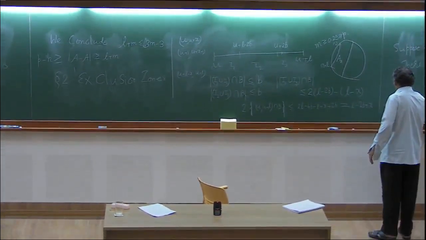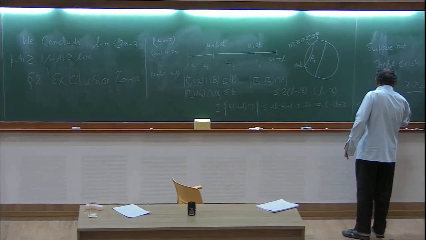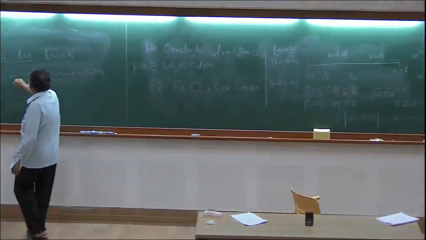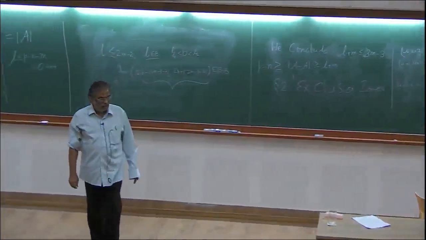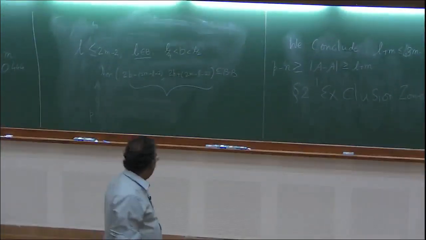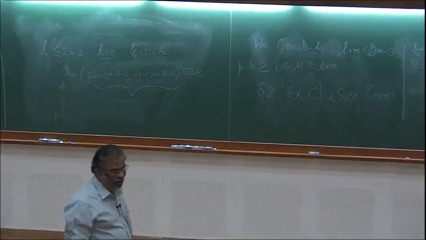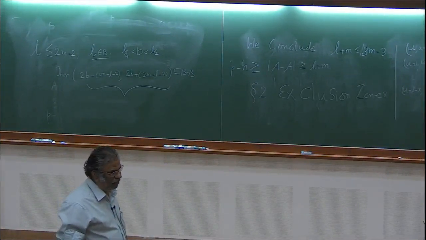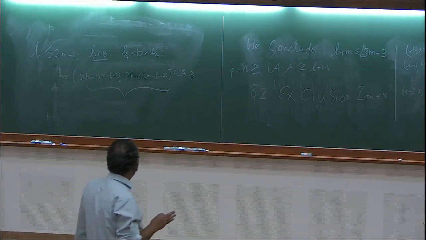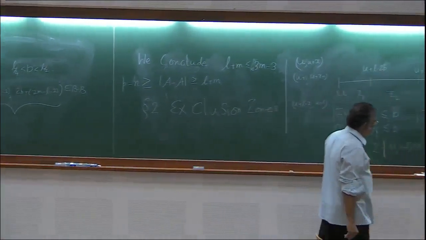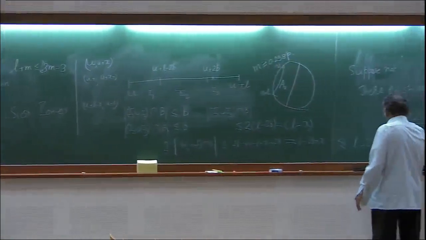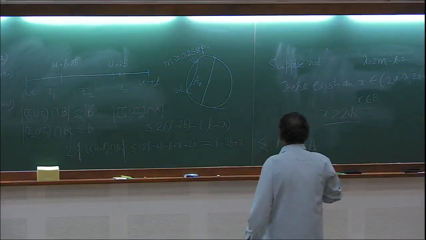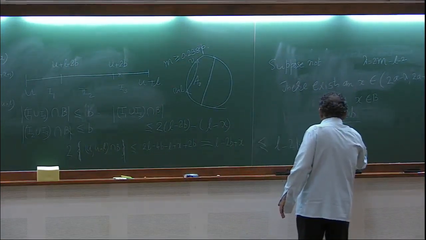This is less than L minus 2b plus x, may be bigger than 2b, but on the other hand, this is the only interval in which I am interested. Good? And therefore, x may be bigger than 2b, but x is less than 2b plus 2m minus L minus 2. These are the only elements which I want to avoid. Therefore, x is bigger than 2b, but less than 2m minus L minus 2. No, 2m minus L plus 2m minus L minus 2.